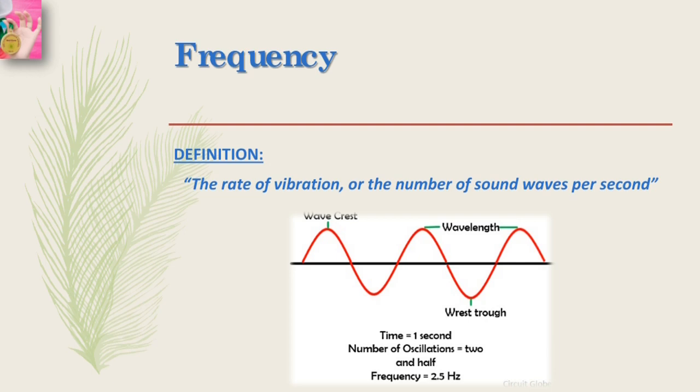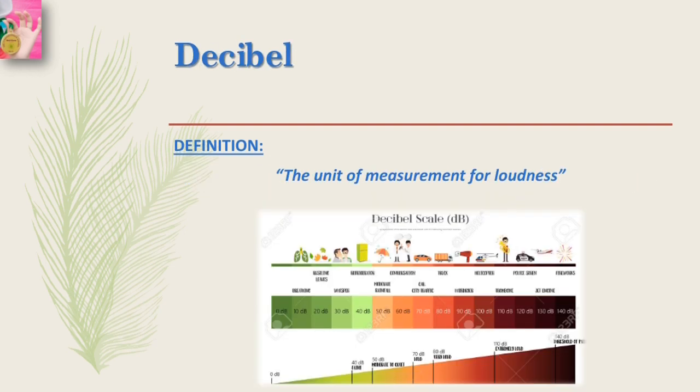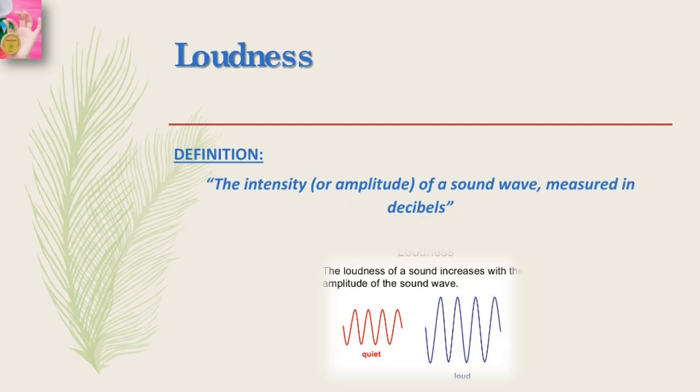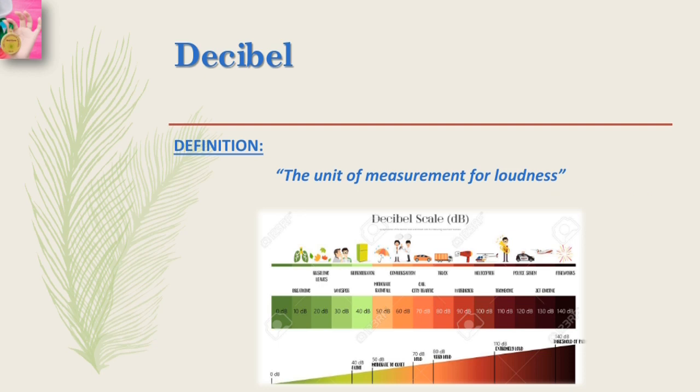Loudness is determined by the intensity or amplitude of a sound wave and is measured in units called decibels. Zero decibels represents the softness of the softest sound that humans can hear, or the absolute threshold for hearing. As decibels increase, perceived loudness increases.